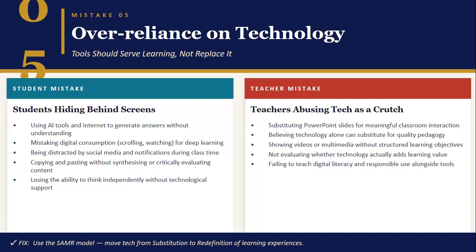Use technology more strategically, follow the SAMR model, move from simple substitution to meaningful transformation, and always ask whether the technology is improving our learning or not. So, these are the five common mistakes present from both students' as well as teachers' points of view.